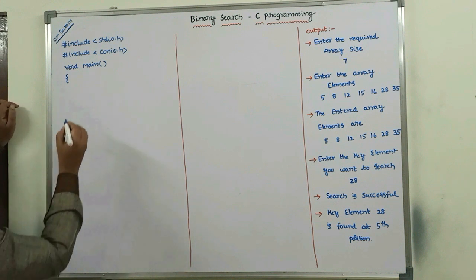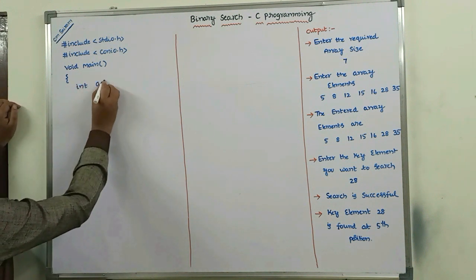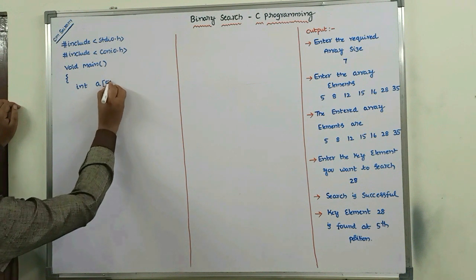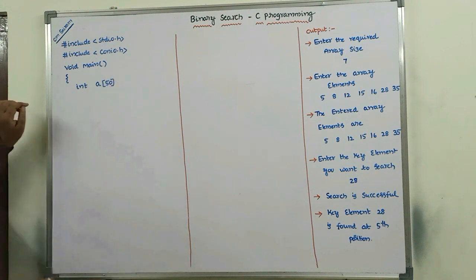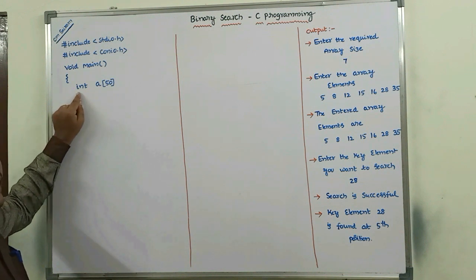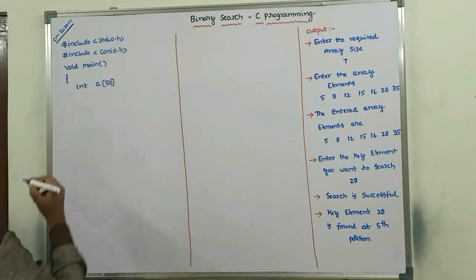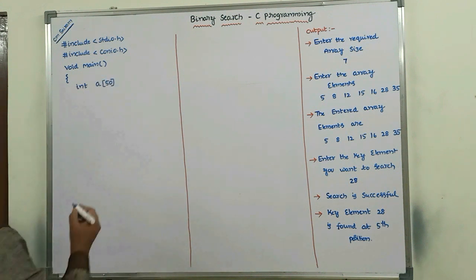Now, I am taking the array size of 50. The array name is A, the size of the array is 50, and its data type is int. So we can say that it is an integer array.